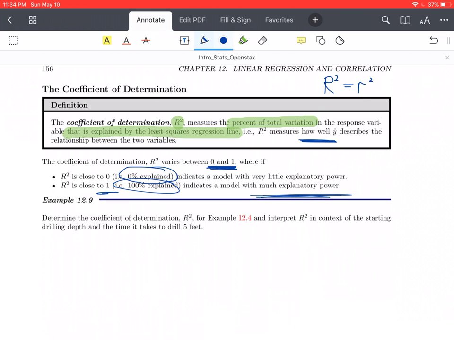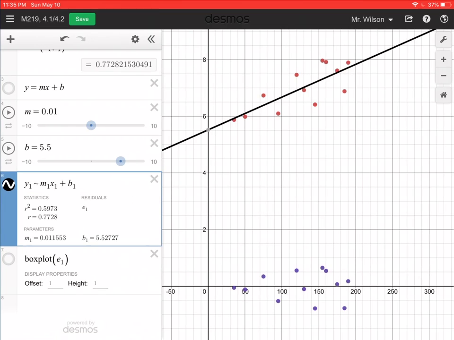So determine the coefficient of determination, r squared, for this example, and interpret. In this case, we can again refer to Desmos. Right there, back above where we had r, there's r squared. So that's 0.5973. You can also just square the value, because that's all r squared is.